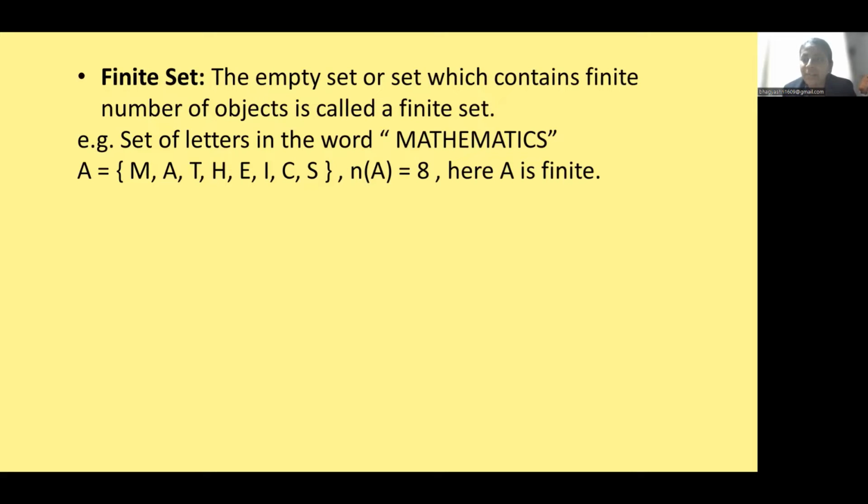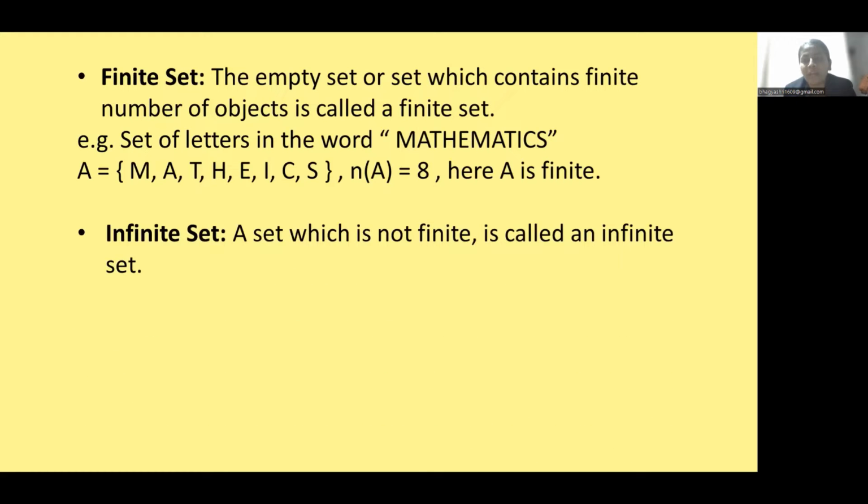Although the word mathematics contains 11 letters, still set A contains 8 elements. जरी त्या मॅथमॅटिक्सच्या वर्डमध्ये 11 लेटर्स असतील तरी n of A मध्ये तुम्हाला 8च लेटर दिसणार आहेत, कारण रिपीटेड लेटर आपण एकदाच घेतो.